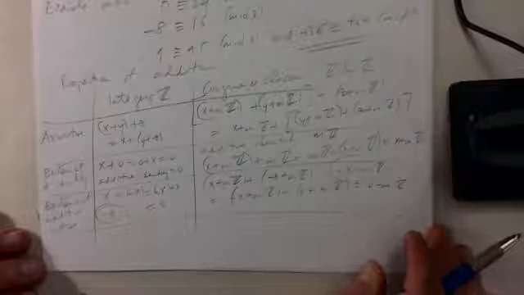And there's another property that congruences satisfy just as integers do, which is called commutativity. x plus y is equal to y plus x for all integers, and x plus mZ plus y plus mZ is equal to y plus mZ plus x plus mZ for all integers.